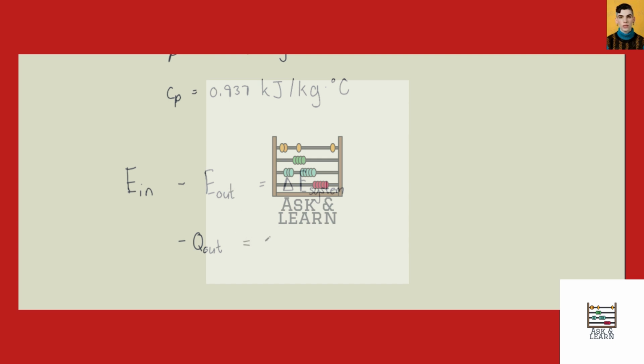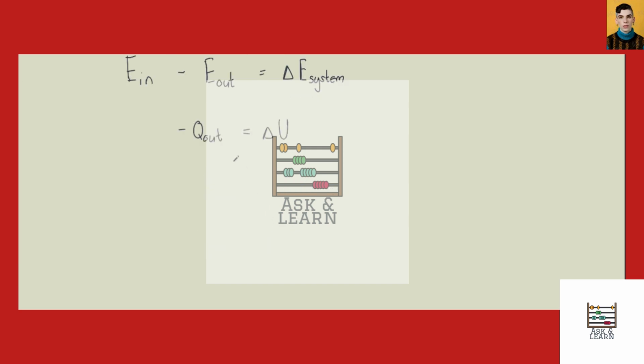And this is equal to a change in the internal energy of the ball, delta U. So we can write this as mc, T2 minus T1.